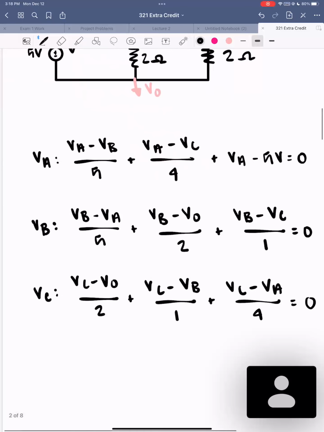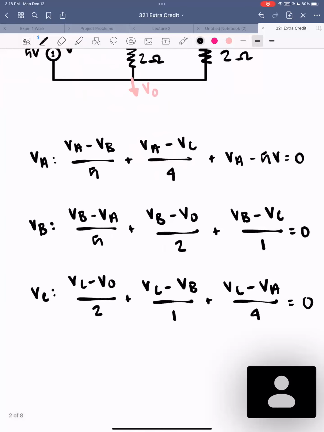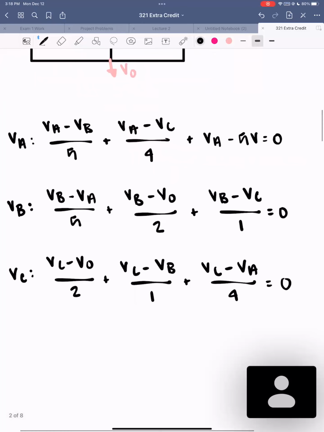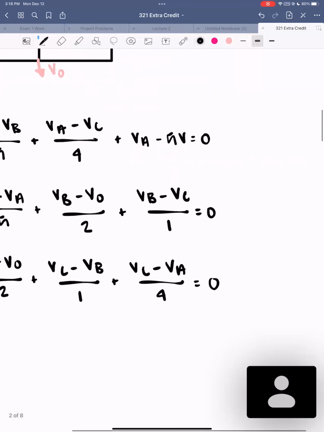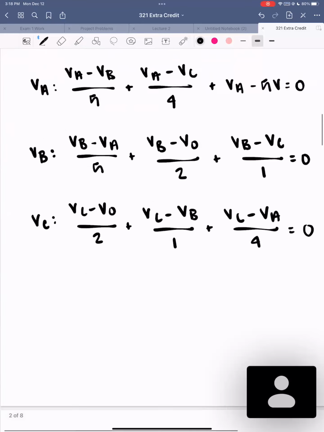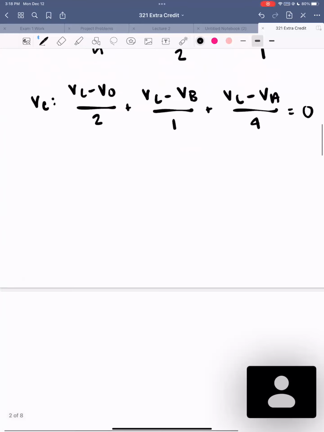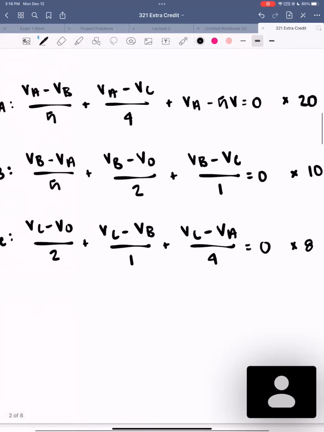Next, we need to get a common denominator for each individual equation. So for VA, we're going to multiply the entire equation by 20 so that we do not have any denominators. And then for VB, we're going to multiply the entire equation by 10. And VC, we're going to multiply the entire equation by 8. So now we will rewrite our equations. So VA, it's 20 VA minus 20 VB all over 5.